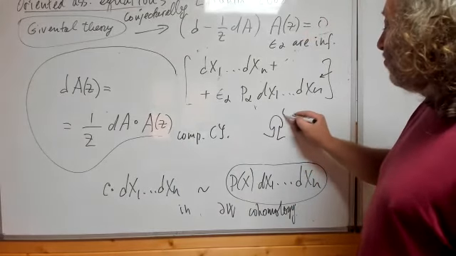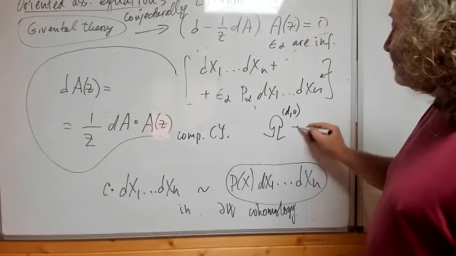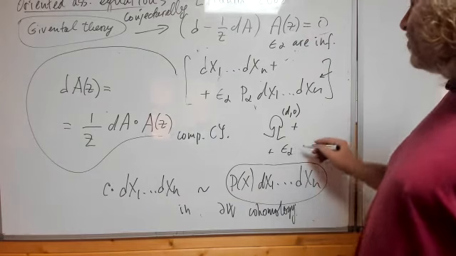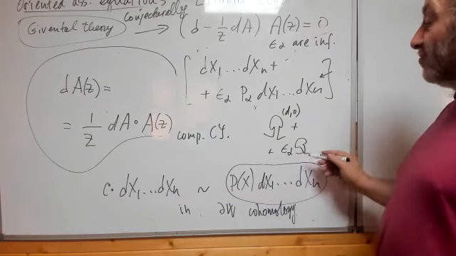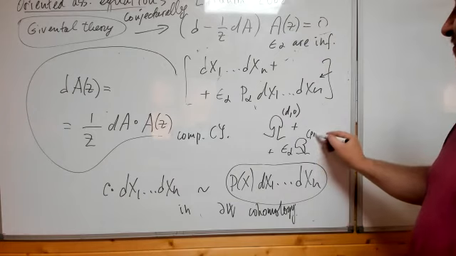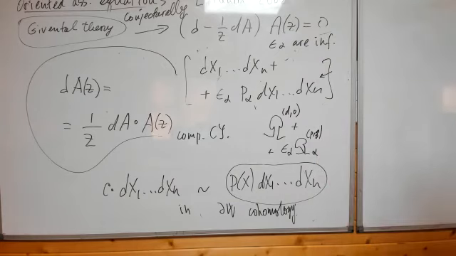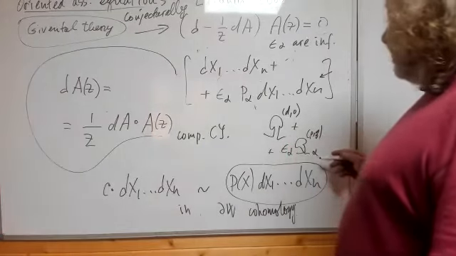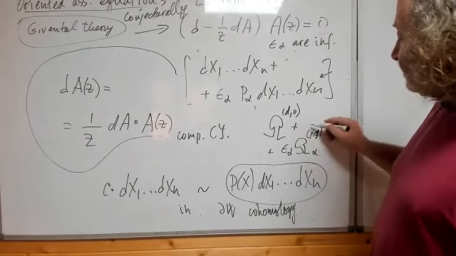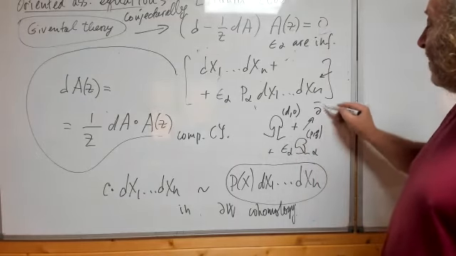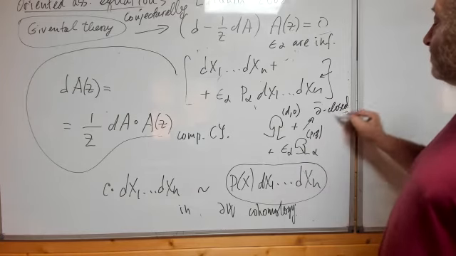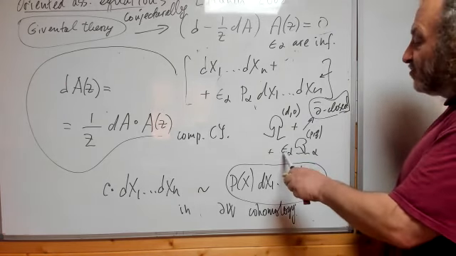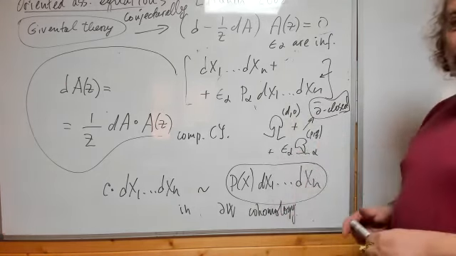You consider the holomorphic top form plus, with infinitesimal coefficients, any other forms, in PQ, with the only condition that they should be d bar closed. So if epsilon alpha are formal, this is also primitive.